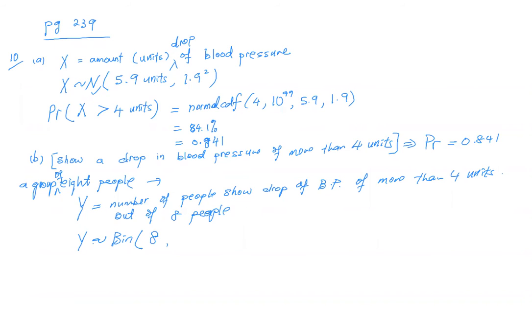That means a person has a drop of BP of more than 4 units. What is the probability of success? 0.841. Yes, 0.841. So what is required by the question?